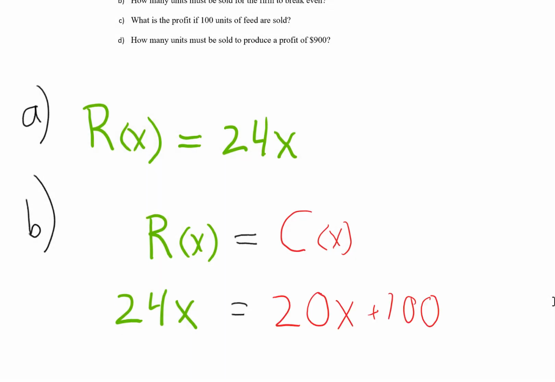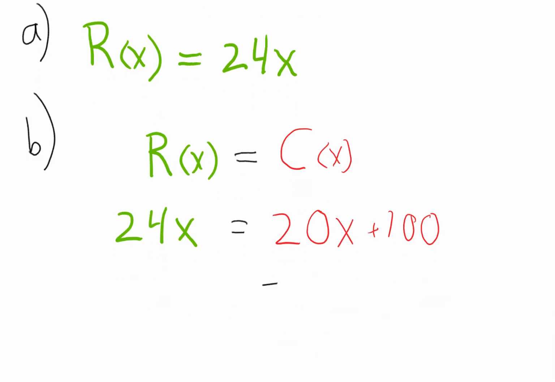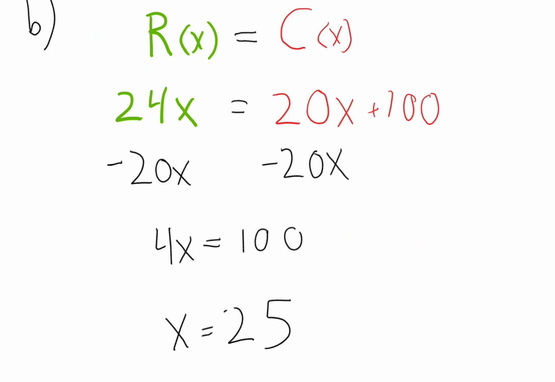Let's solve for the X value that makes this true. So we find a mathematical solution of X equal 25. So that says the company will break even when they sell 25 units. So if we sell more than 25, we'll make a profit. If we sell fewer than 25, we lose money.